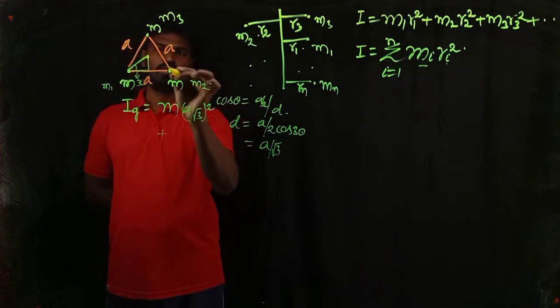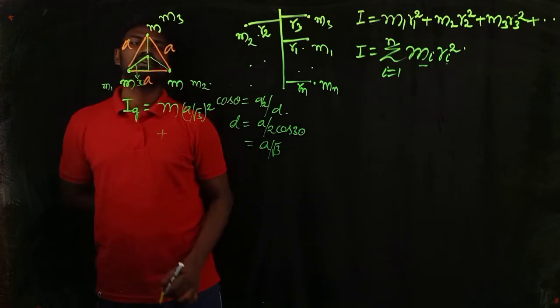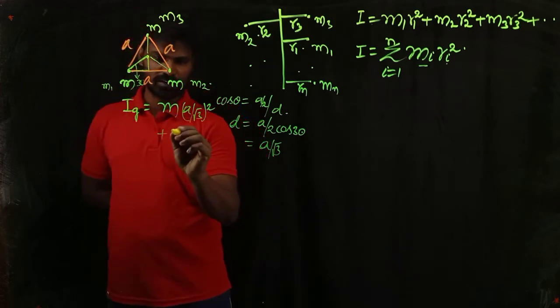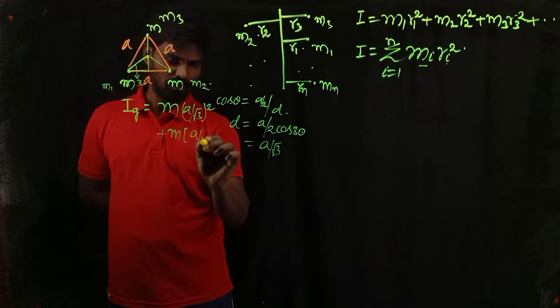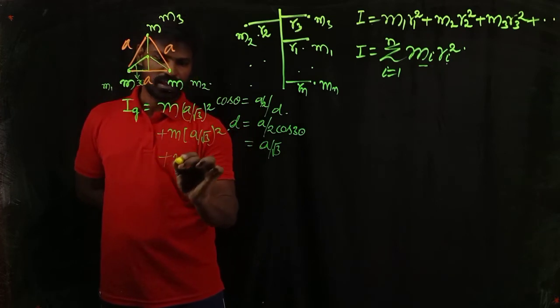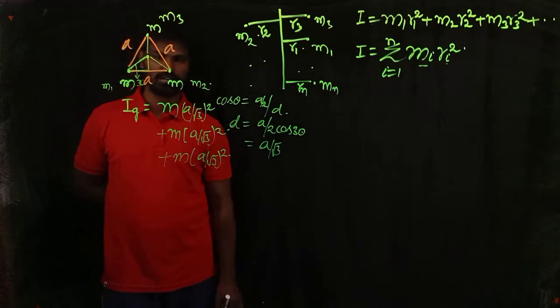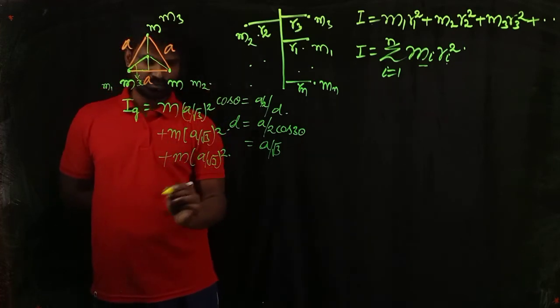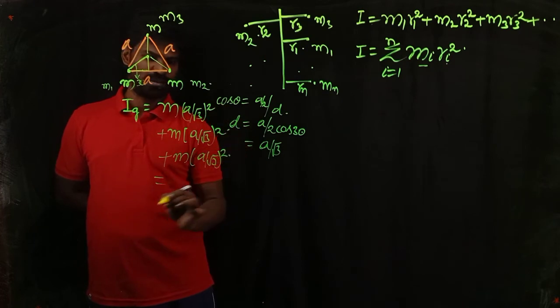for the second mass m2, all the particles are at the same distance because it is an equilateral triangle. Because of which I can write m into a by root 3 whole square plus m into a by root 3 whole square. For these three particles, I wrote it like this. In this, all are the same: m a by root 3, m a by root 3, m a by root 3.